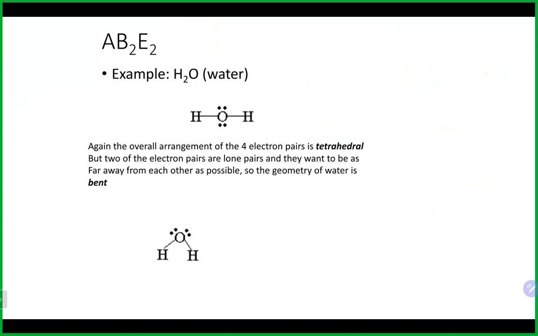The last geometry is something like in water here. If we look at water, again, looking at the central atom, we have a number of electron pairs: 1, 2, 3, and 4. Once again, because it has 4 electron pairs, the electron geometry name there is tetrahedral.